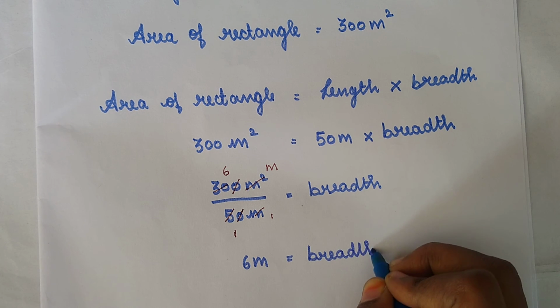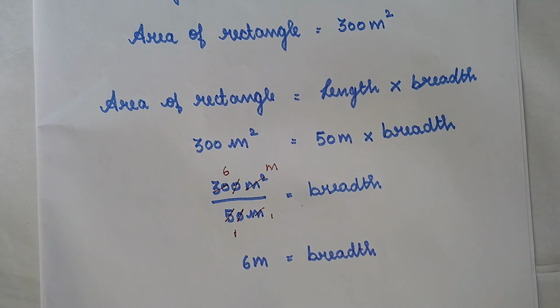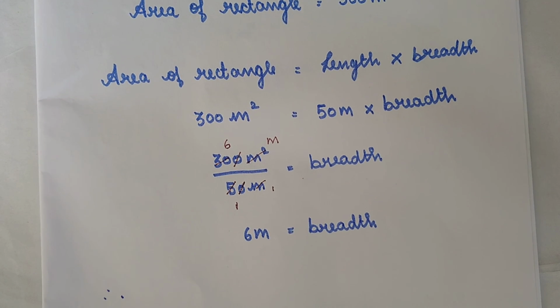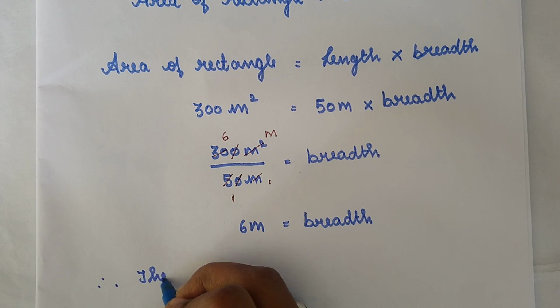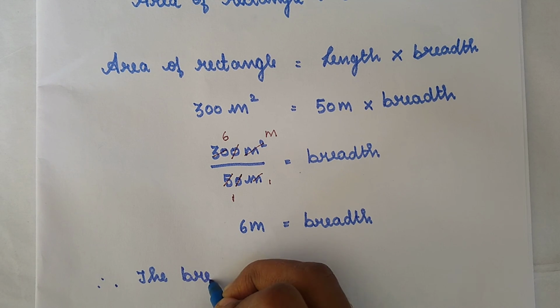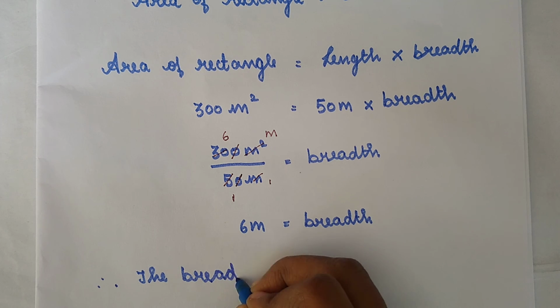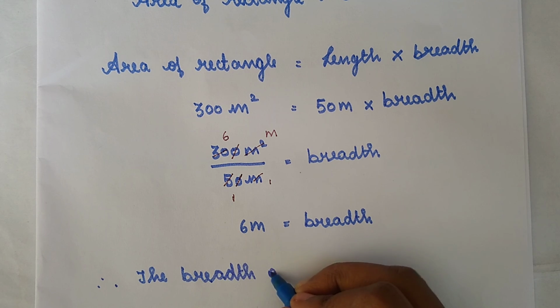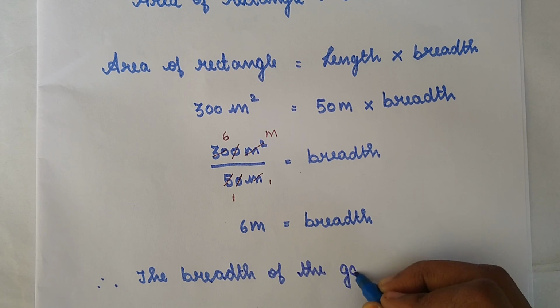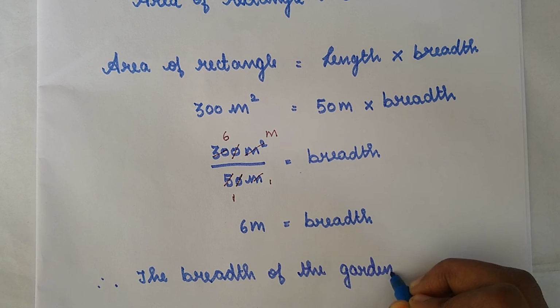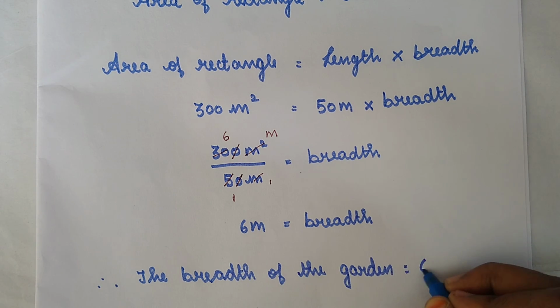So the breadth of the rectangular garden is 6 meter.